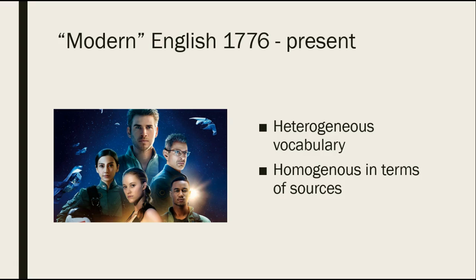In trying to think about what picture to illustrate this, I chose a picture from, of course, the new Independence Day movie, because I felt like it represented peoples from around the world coming together and interacting and presumably affecting each other's language.